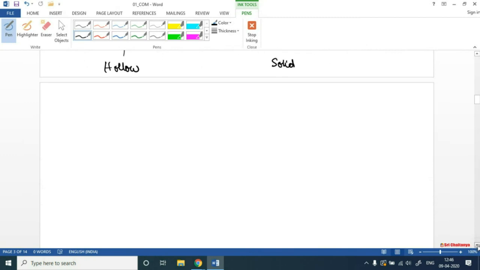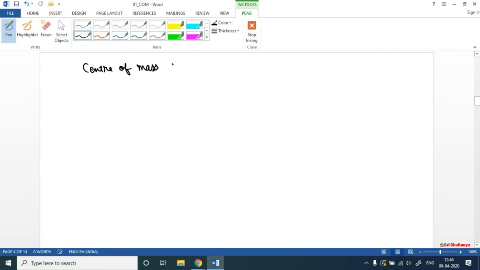And now one more concept I am going to discuss, that is center of mass of a continuous mass distribution with a cavity.